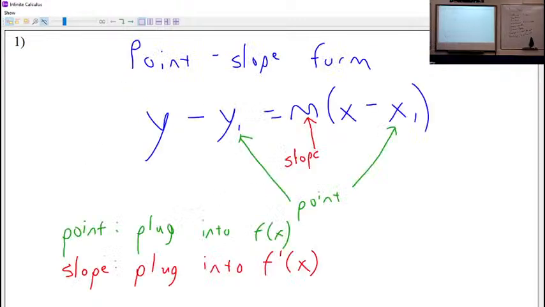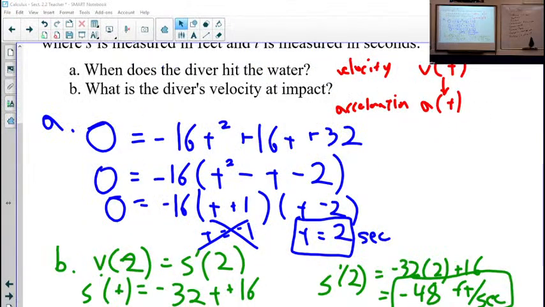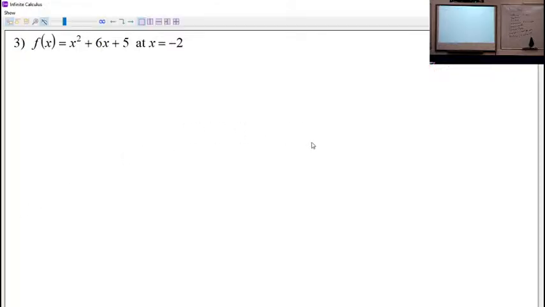So let's look at an example of that. We got this written down? Okay. I'm going to try and get through 2 of these examples before we go. So first off, we're going to find f of negative 2.